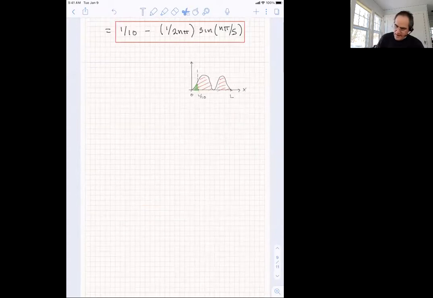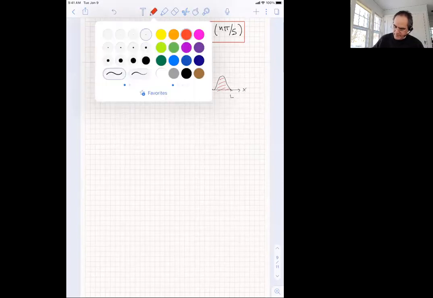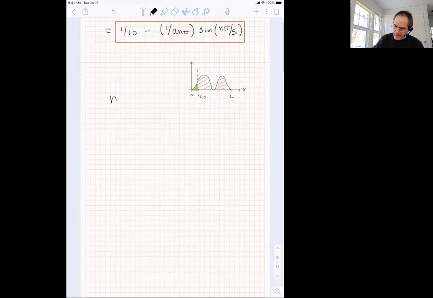Okay, now we can make a table of this probability for different values of n. For the case when n is equal to 1, a moment with a calculator will show you that this evaluates to 0.0064.